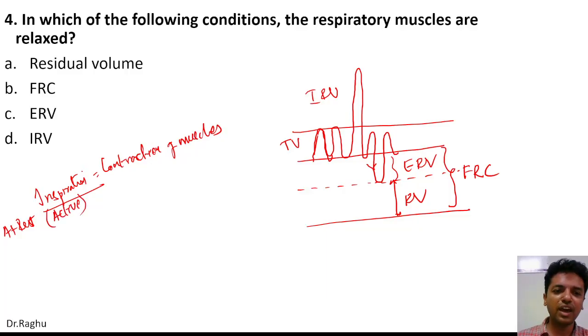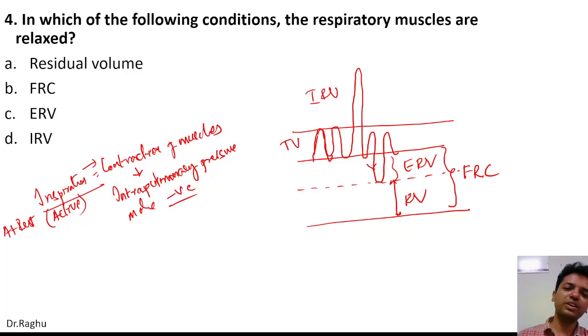Why is it called an active process? Because contraction of the muscles is required. Whenever there is contraction of the muscles, the intrapulmonary pressure is going to become more negative, with reference to the atmospheric pressure.